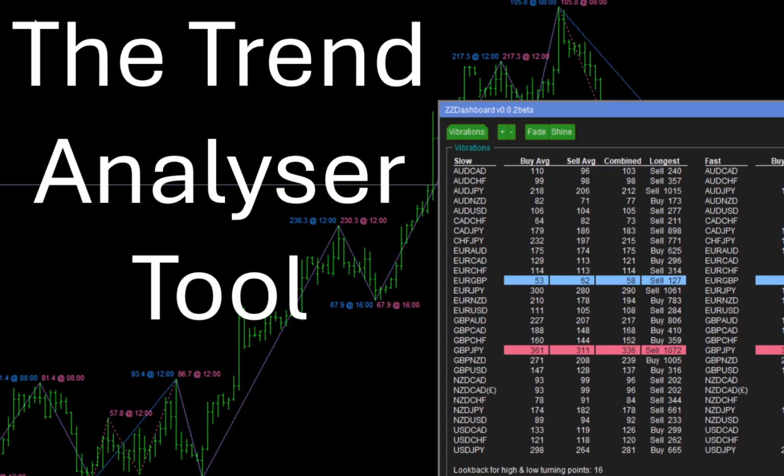The market is very volatile, but at the same time, there are lots of opportunities if you choose the correct currencies. And this is what this tool will say: stay away from those currencies, they are mad. Trade these currencies, they are stable. So please watch out for emails or future videos about the Trend Analyzer.